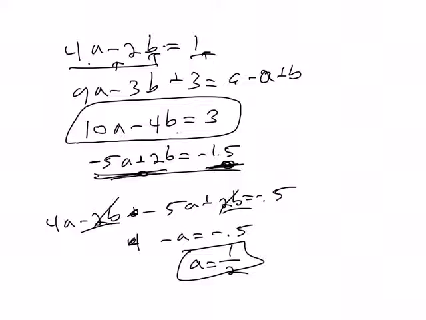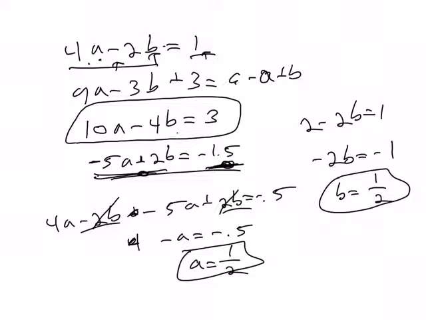Now that we know what a is, we can just plug it in here, and we get 4a, which is 2, minus 2b is equal to 1, or negative 2b is equal to negative 1, or b is equal to a half too.